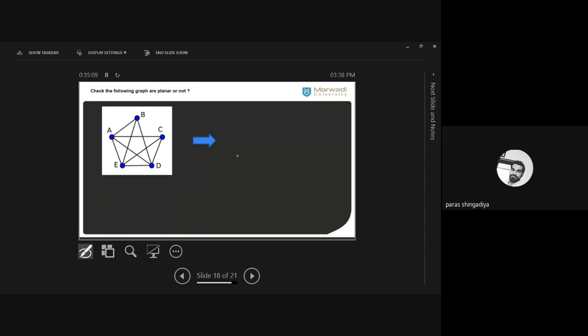What is your answer? Is it planar or not? Devans, Nirav, Bhavik, Dipsa, Madhav, have you checked it? Urvisa, Smith, Subham, Sivangi.